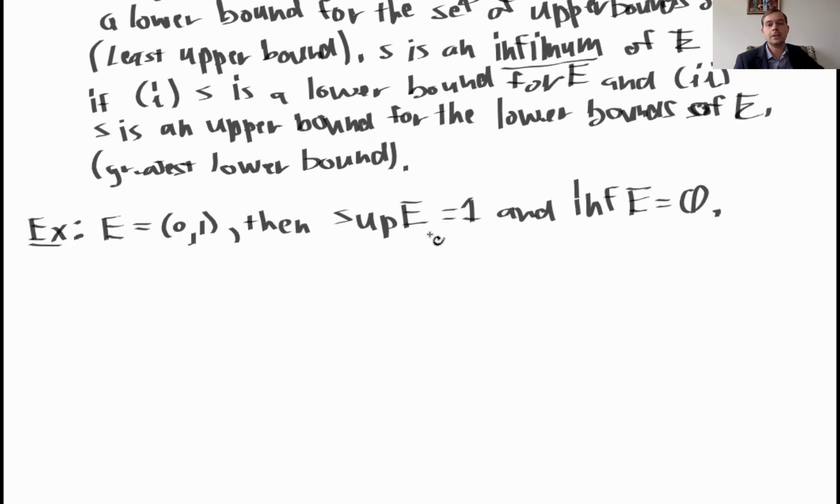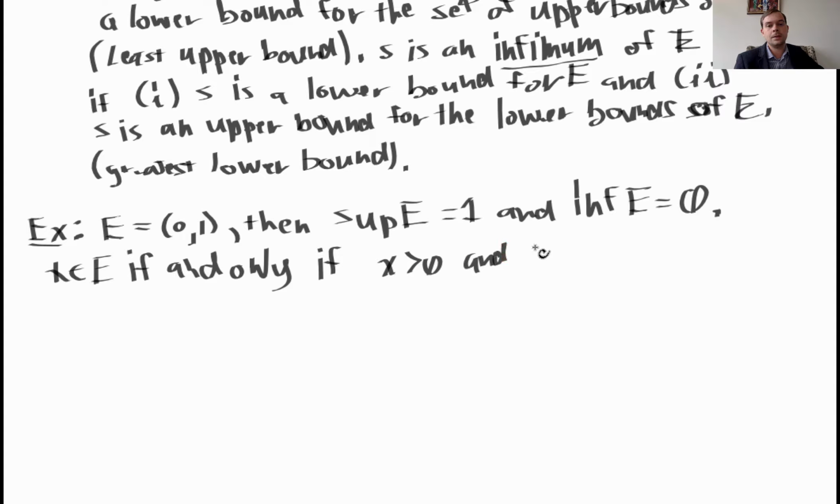Well, first we need to show that 1 is an upper bound. And that's pretty clear from the definition of what it means to be in the open interval (0, 1). So x is in E if and only if, one might say this is the definition of the open interval, x is greater than 0 and x is less than 1.